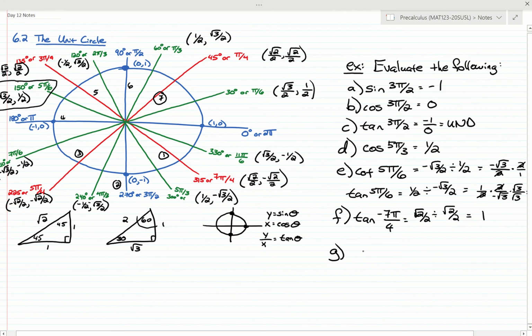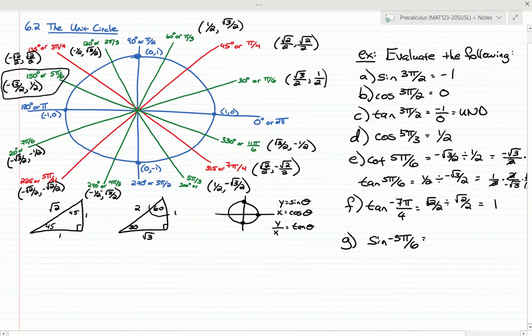What if I asked you for the sine of negative 5π/6? All right, so let me clear this out here, trying not to erase anything. Okay, so π/6, if you remember, is 30 degrees. So we're going to be going 5 30-degree increments in the negative direction. So this would be 1, 2, 3, 4, 5.